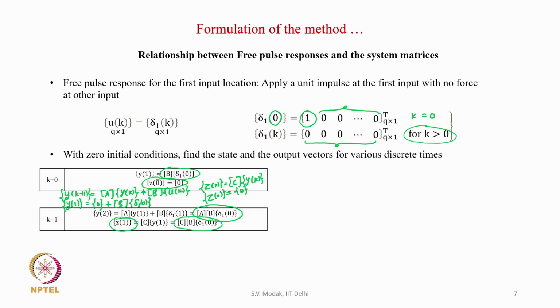In this way we can proceed further, and then we can write a general expression for the state and the output, and those expressions are these. So, y k can be shown to be equal to A to the power k minus 1 into B into delta 1 0, and z k can be shown to be equal to C into A to the power k minus 1 into B into delta 1 0, right.